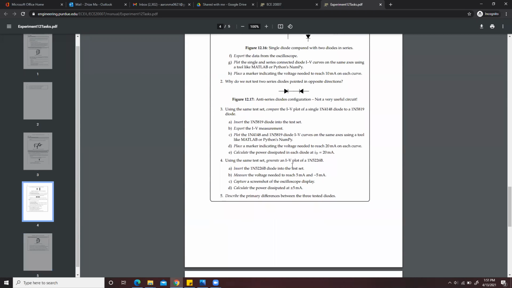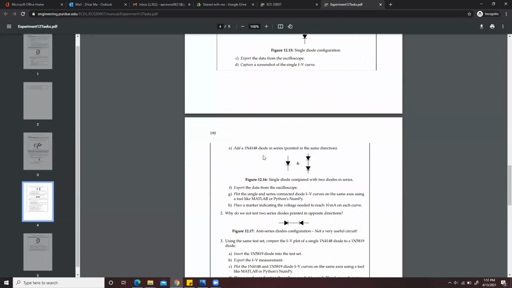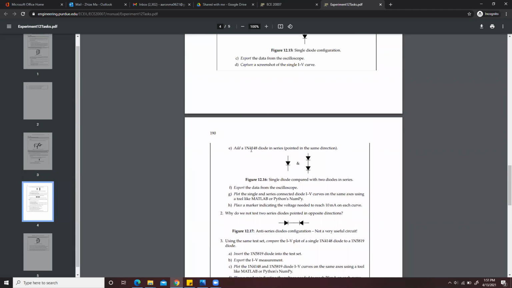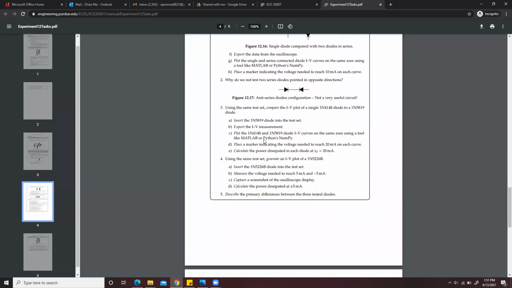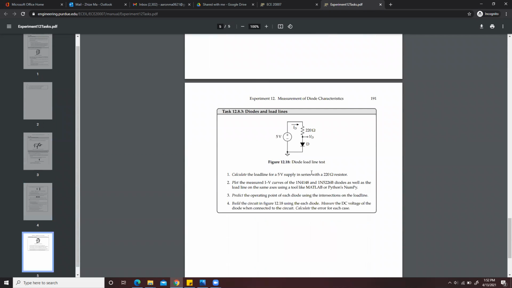In task 2, it asked you to plot the IV curve for 4148, I mean, export the data to Excel for 4148, but it doesn't mention this diode. But actually, you do need to export the data to Excel so that in this task, you can plot the IV curve for these two diodes.